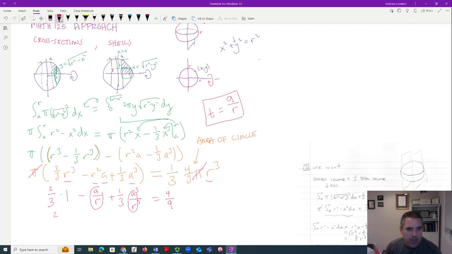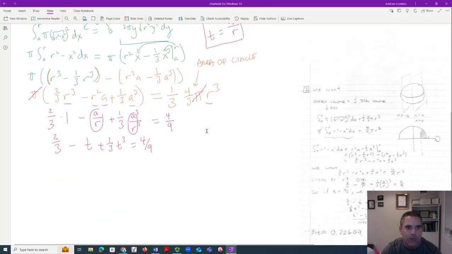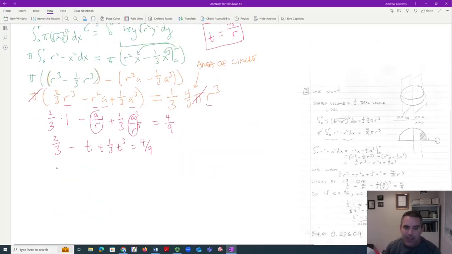And you see that a over r appearing right here. And so then you can say, I'm trying to solve 2/3 minus t, let's call that t, plus 1/3 t cubed equals 4/9. I don't know if I did this back then, but I would be very tempted to multiply everything by 9, because I hate fractions when I'm solving, and I can multiply both sides by the same thing.